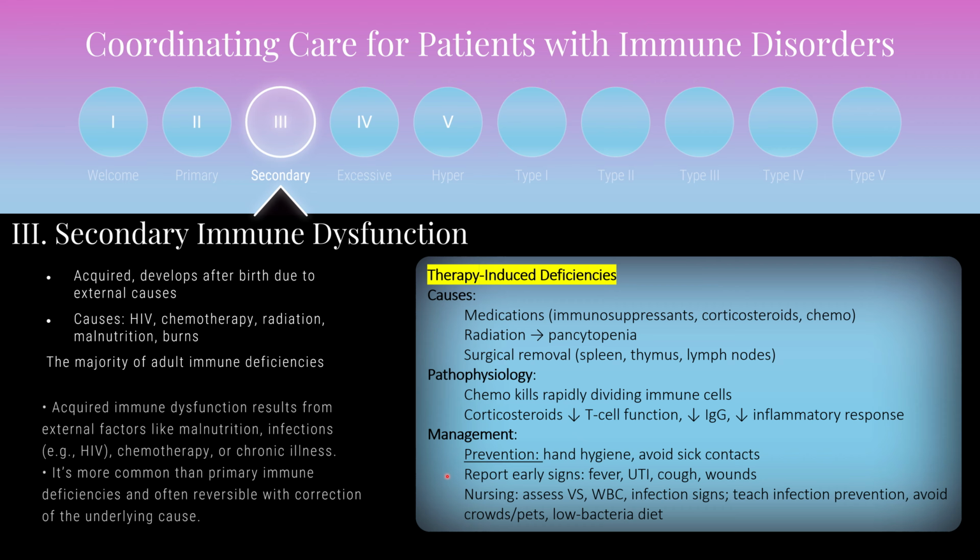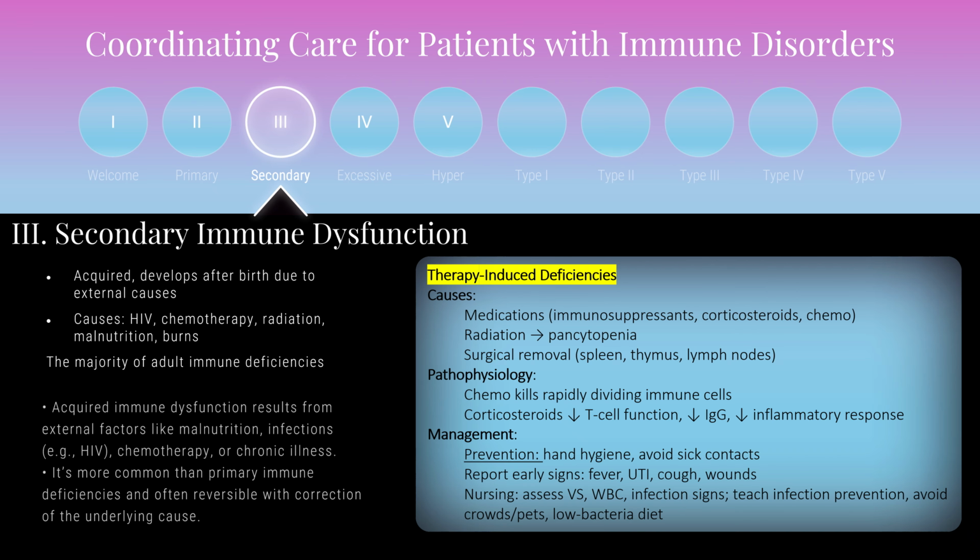So report early signs like fever, UTI, cough, wounds. Nursing will assess vital signs, the white blood cell count for infection signs, and teach infection prevention: avoid crowds, pets, and follow a low bacteria diet.